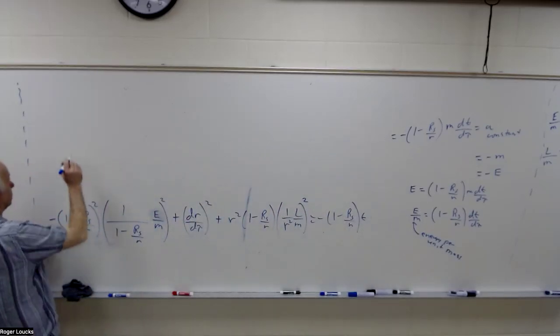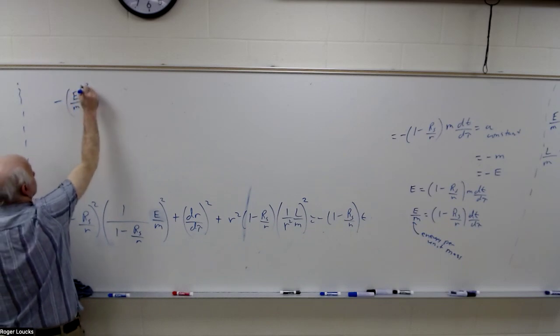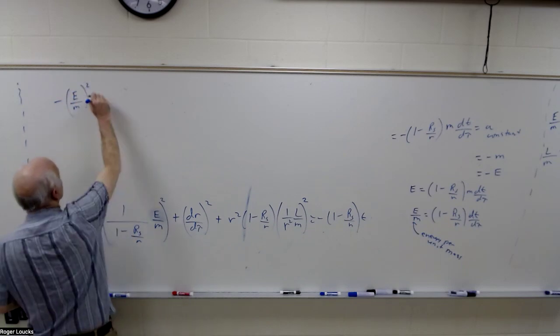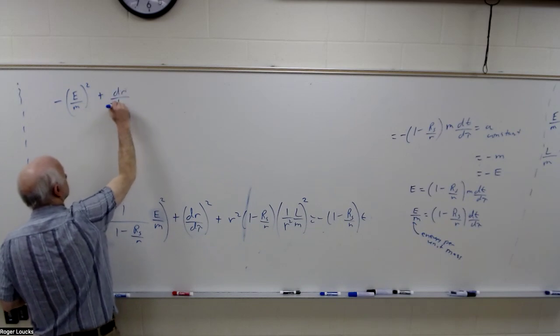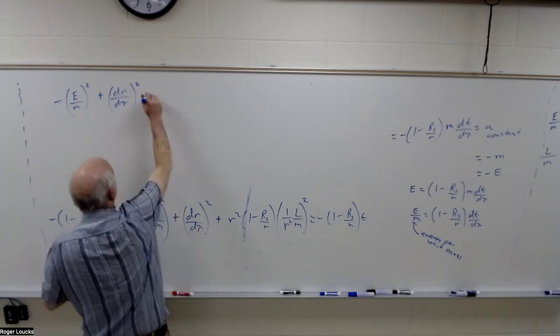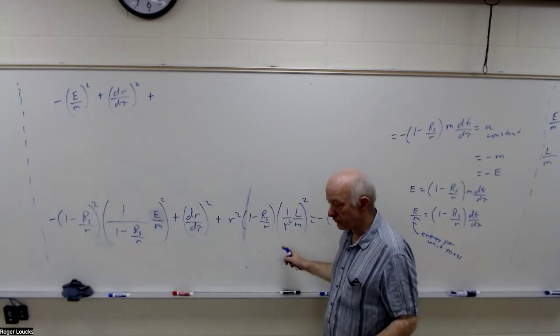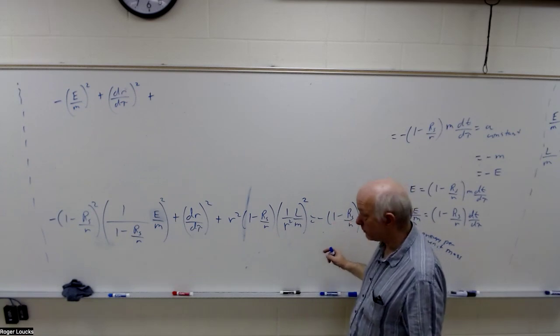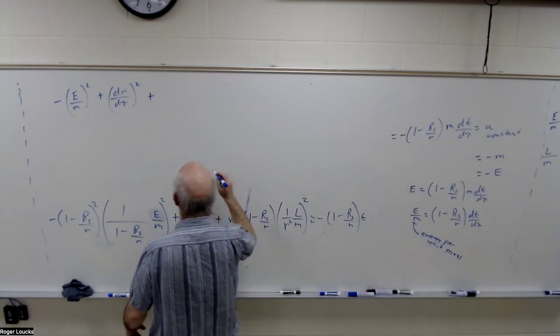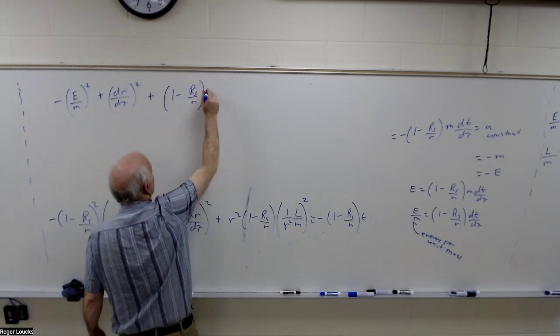Okay, so this gives me minus E over N, 1 2 squared, that's really simplified, plus dr d tau, plus, okay, I'm going to take this term over here, I'm going to factor out the 1 minus RS over R. So if I take this over here and factor out that term, what am I left with?